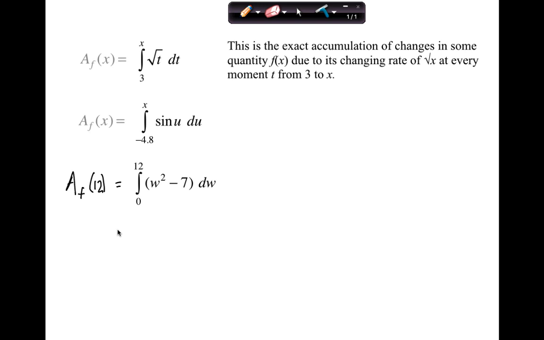Well, this is one particular value of that function. It's what you get if you evaluated it at 12. So it's a number, it's a value, one particular value of some net accumulation function A sub f of x, the one that you would get when x equals 12.